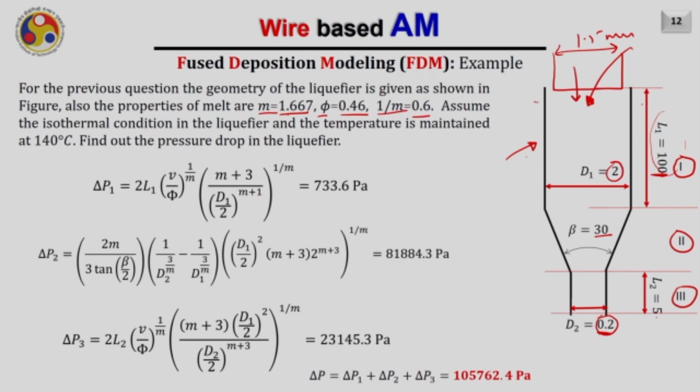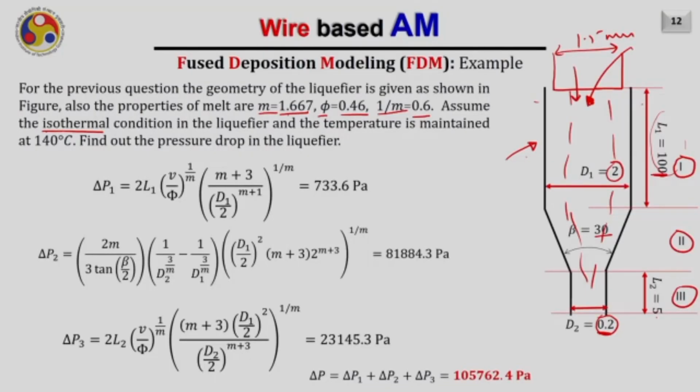Assume the isothermal condition, meaning we are considering the steady state when there is no sudden change. In that condition, please note that you will be on the very safe side. The calculations may not be on the safe side, but your assumption is very underestimating the conditions.